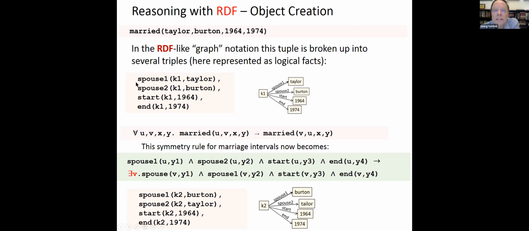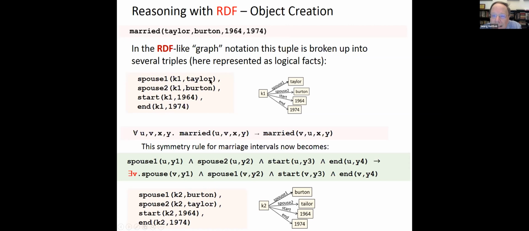So you could, for instance, say spouse K1 Taylor. This could be a 4-tuple here, actually a 5-tuple because you have a predicate also, but forget about that for the moment. Spouse 1 K1 Taylor, spouse 2 K1 Burton. So K1, as you see, is the key for this.